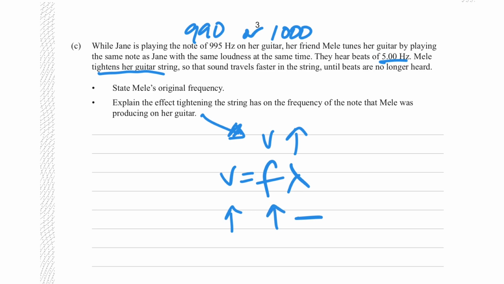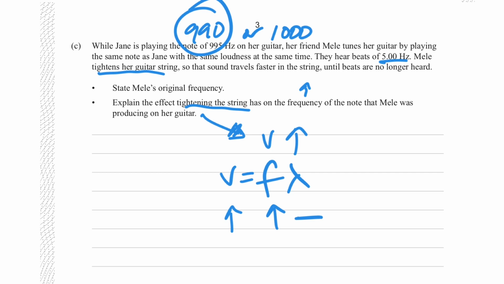So by tightening the string, you see an increase in frequency. If you see an increase in frequency to match the frequency, then it must have been at 990, that was the original frequency. Okay, that's generally the gist of how the question's going to go.